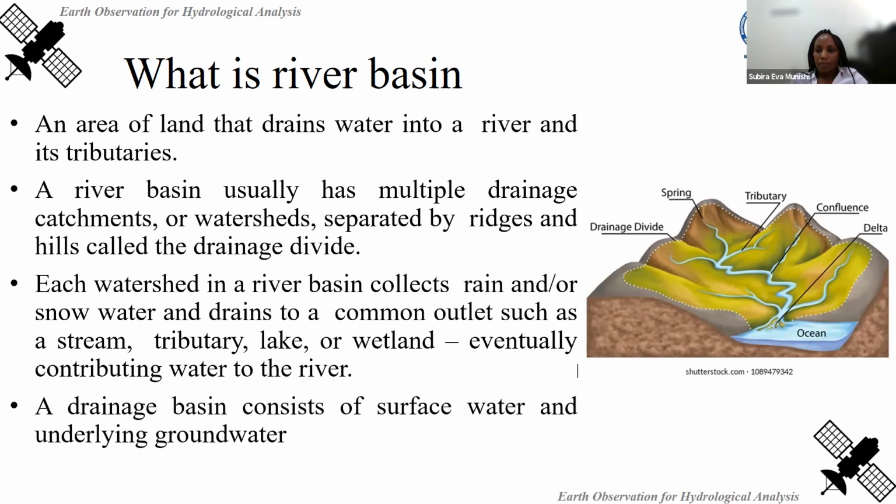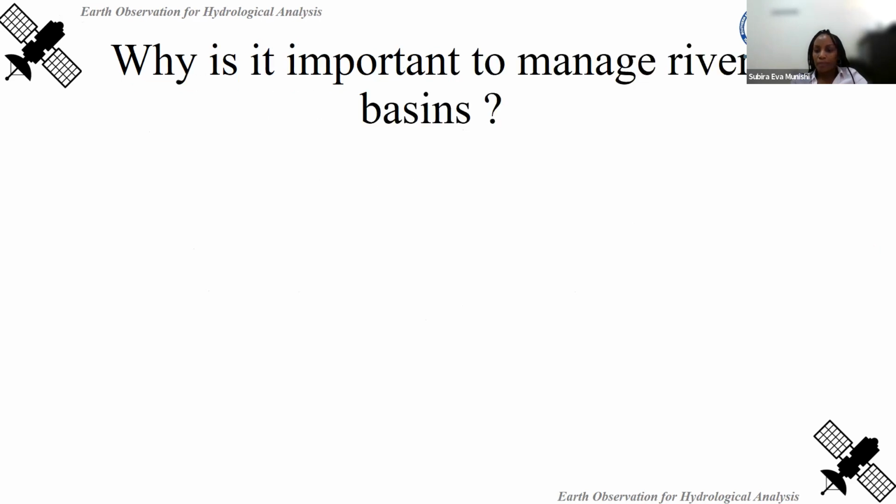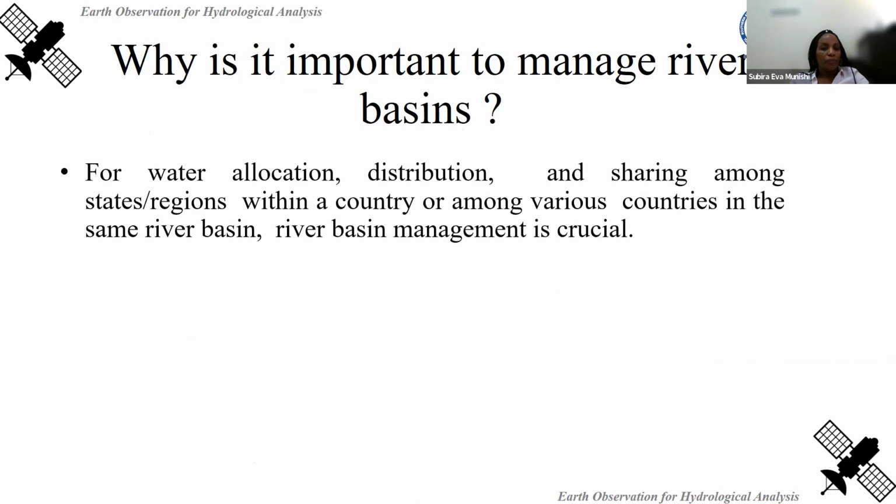I was hoping that most of our people here will have a little bit of an idea of hydrology. A drainage basin basically consists of surface water, but also underlying groundwater and subsurface water systems. Now, why is it important to manage a river basin? We may need to do water allocation.